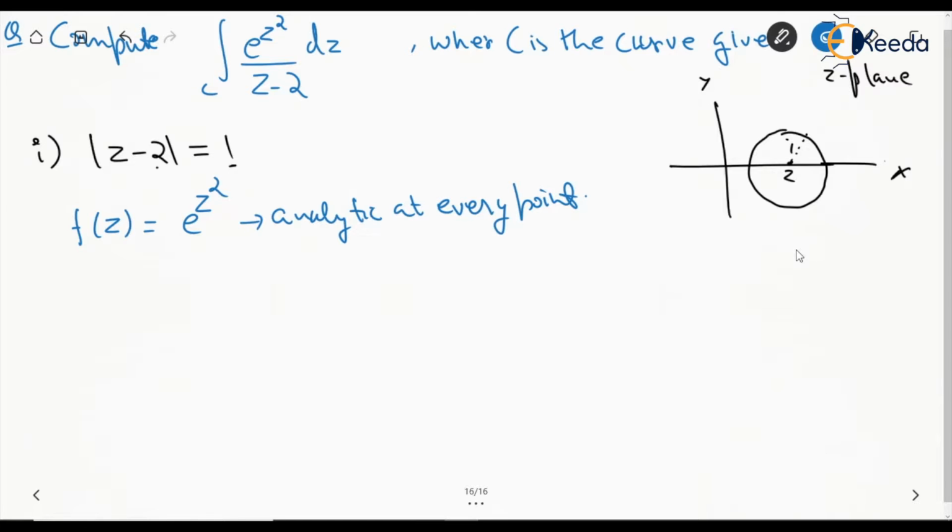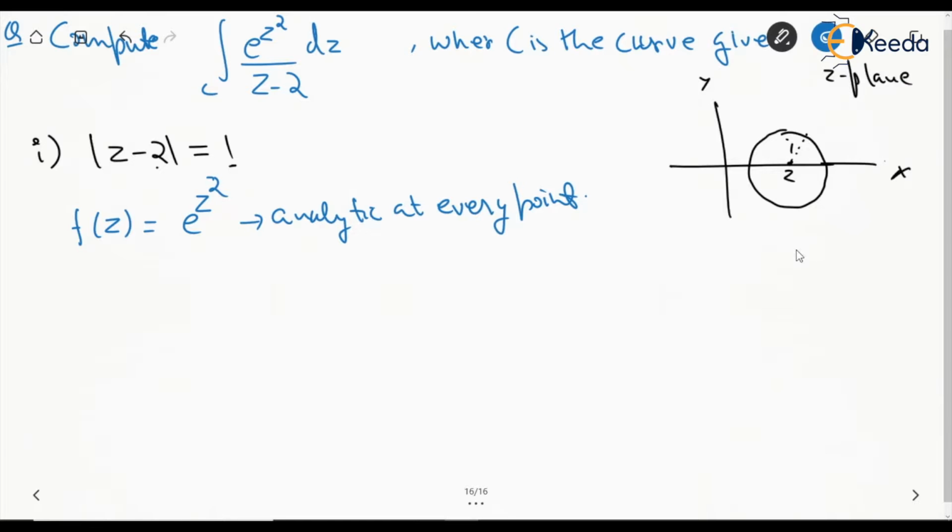Remember e to the power of x is a function which is differentiable and integrable, and it is defined from minus infinity to infinity. So overall you can say that this function is analytic. Similarly, e to the power of z square is also going to be analytic.